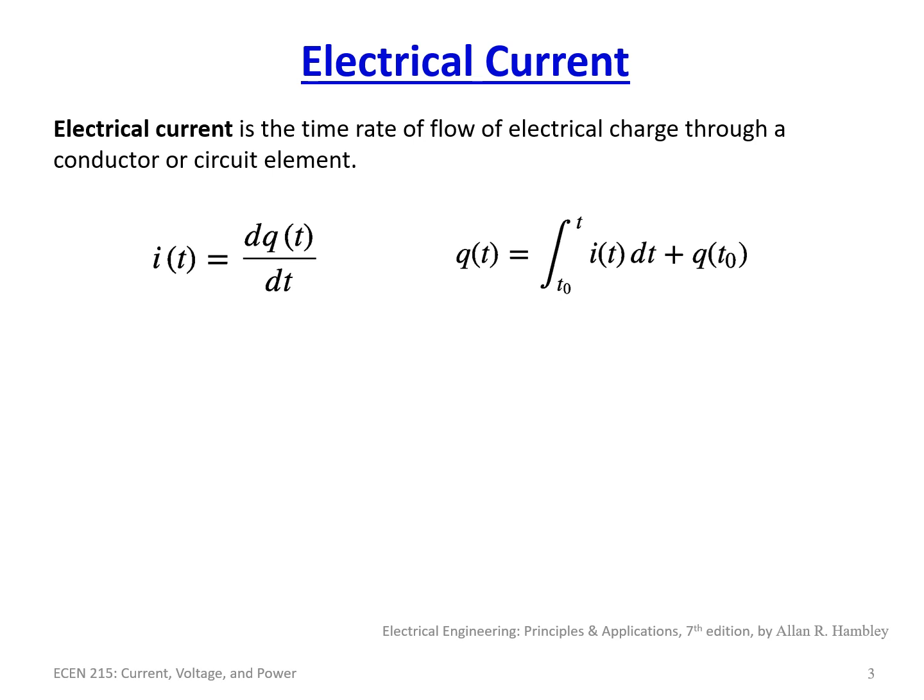It is the derivative of the charge, the rate of change of charge over time, dq/dt. And if we knew the current and the initial state of charge, we can back out the charge as a function of time by taking the integral of the current from time t naught to t.